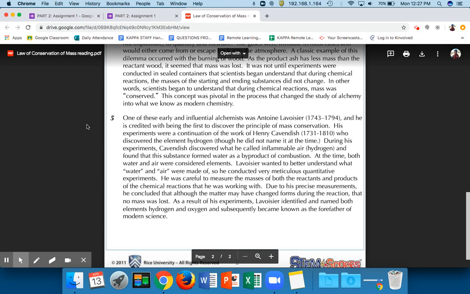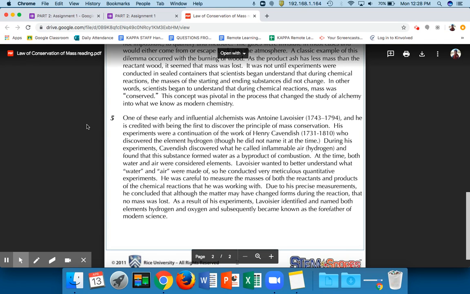One of these early and influential alchemists was Antoine Lavoisier, born in 1743, died in 1794, and he is credited with being the first to discover the principle of mass conservation.